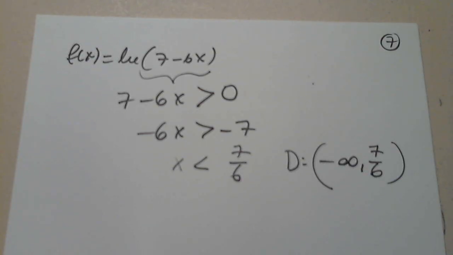Y minimum, I'm going to put negative 10 to positive 10 with a scale of 1 or 2. Okay, so let's see. Because I know the range is all real numbers. And I also know the domain is negative infinity to a little bit over 1. Of course, we know it doesn't stop here. There is a vertical asymptote, right?